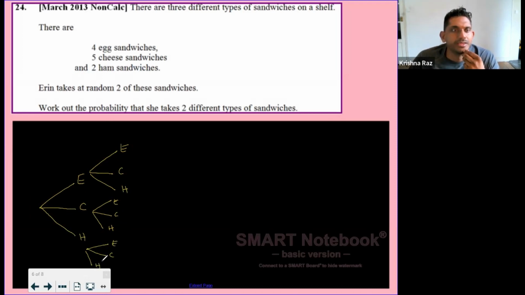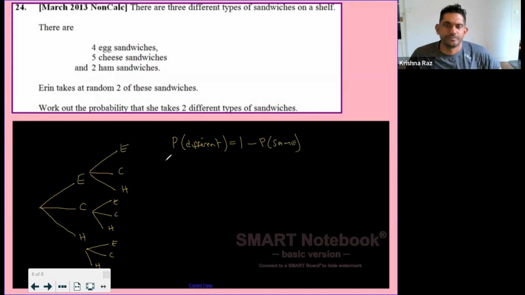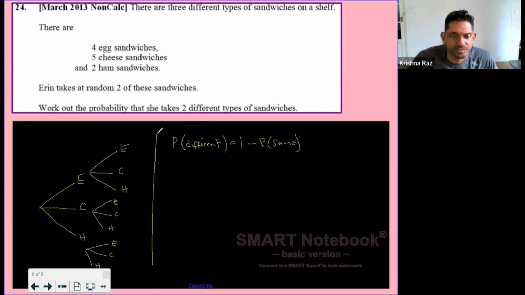So work out the probability that she takes 2 different types of sandwich. The probability that she gets different sandwiches will be 1 minus the probability that they're the same. I think you'd agree with that. Well, this is where my first bit of advice would come.